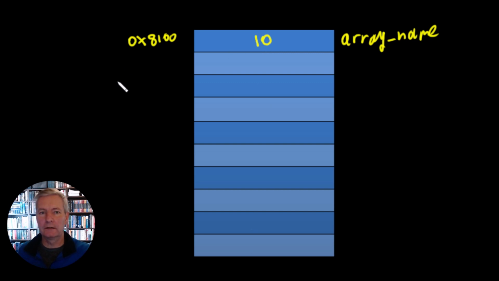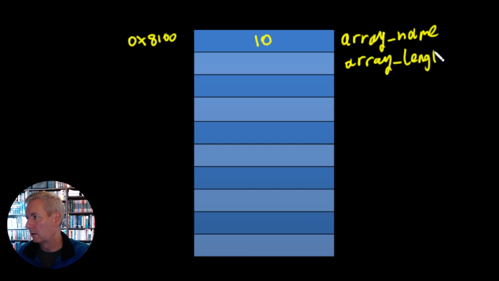Now the next thing we need is the length of the array. In this instance, the length of the array is 10. So we're going to have to store that array length somewhere within our code. We could call this array underscore length, and that is equal to the value of 10.